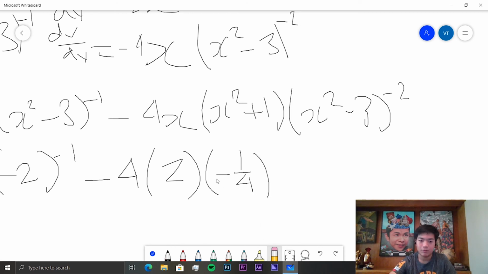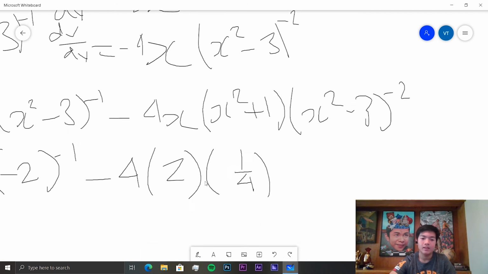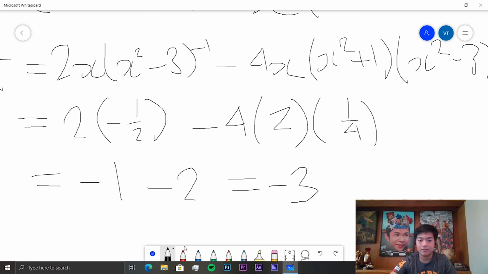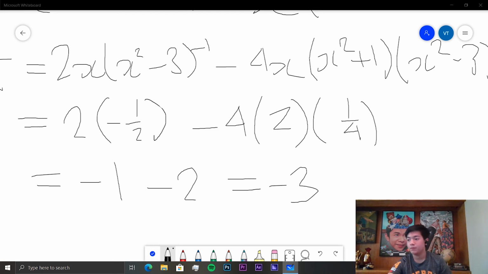Oh, sorry, this is just 1/4. So this would all be equal to negative 2 to the negative 1 is equal to negative 1/2. So this is equal to negative 1 minus 2, really. So this is equal to negative 3. So the gradient of the tangent will be equal to negative 3. And is this correct? Wait.